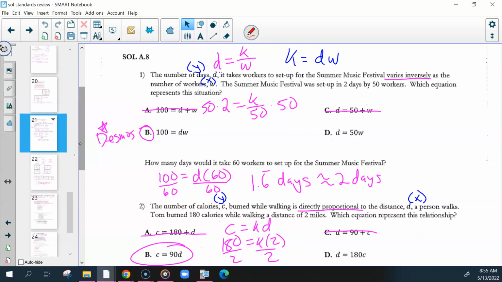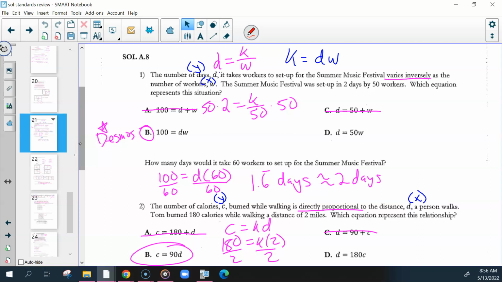So then it has to be B or D, and we have to know which one looks more like an inverse variation equation. Up at the top, they're using variables D and W. I'm going to talk through how you would do this without the calculator, and then how you would do it in Desmos also.